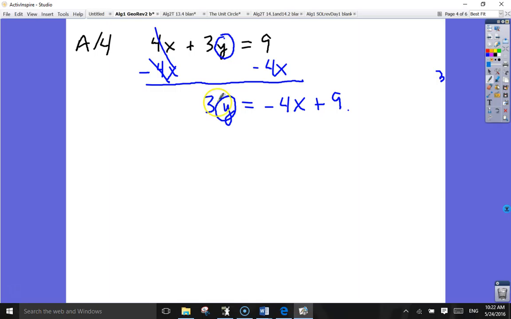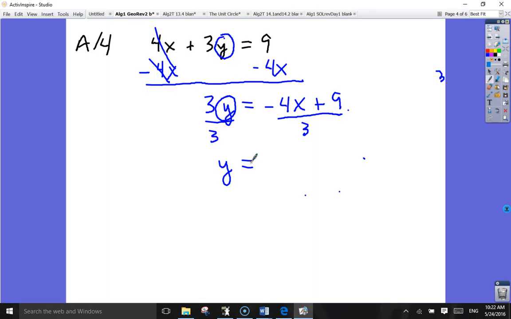But what's going on in between the 3 and the y is a multiplication. So to undo it, you have to do this, right? And if you're dividing, you're really dividing the whole side. Okay, now that definitely isolated the y. On the right side, how do you divide negative 4x plus 9 by 3? The whole expression by 3. Each term is just divided by 3.